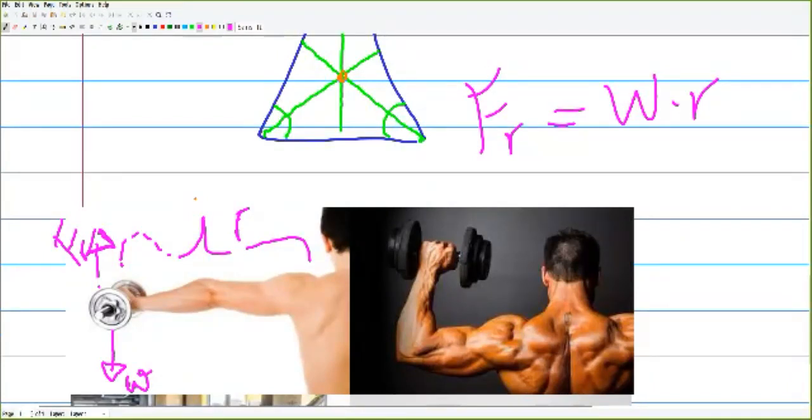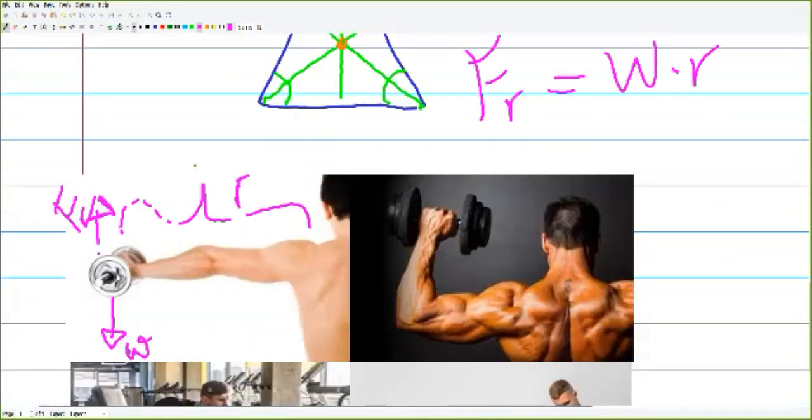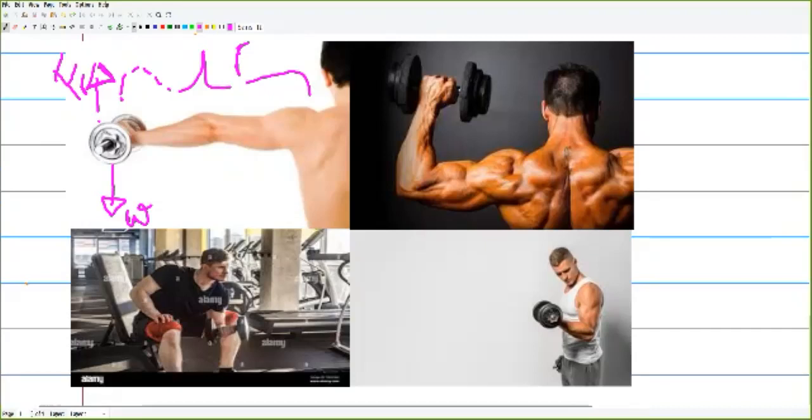So for example, now in this case over here, we have the same weight, but now this is the radius. So it's considerably less. And even less this, because it's holding down, we have only this radius. Okay, and also it's not holding up, it's holding downwards, so it gets easier.